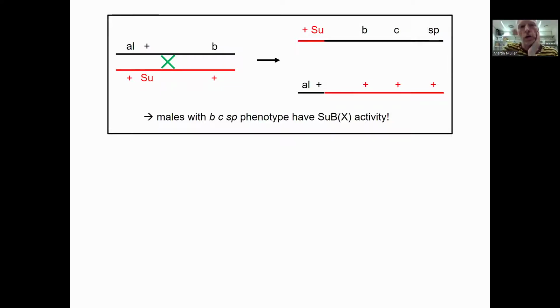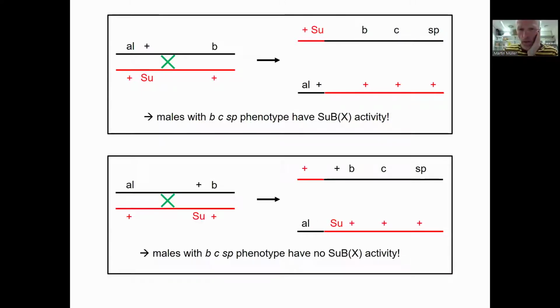Since in our question all black curved speck males seem to have suppressor activity, the suppressor must be very close to Aristoteles. Is that clear?